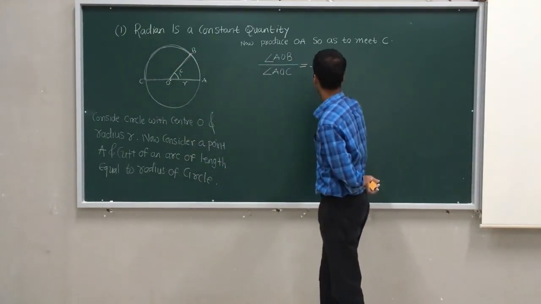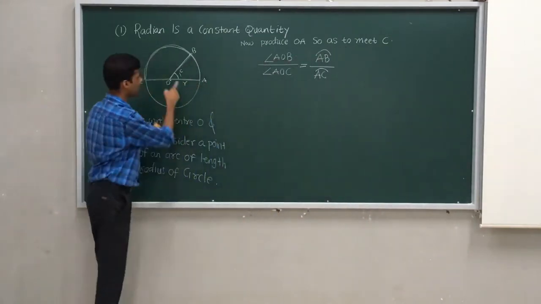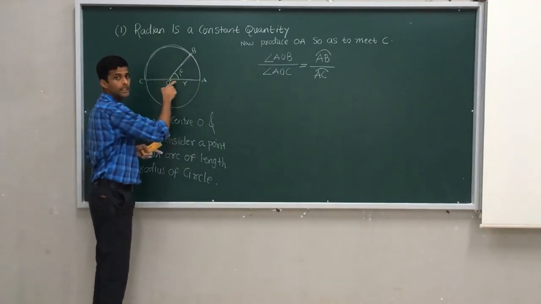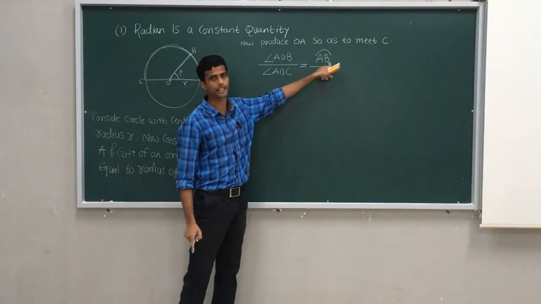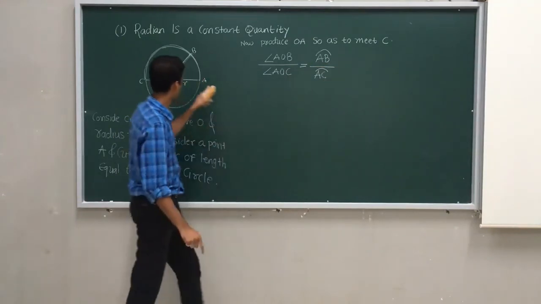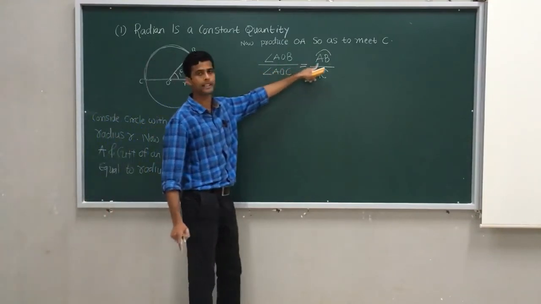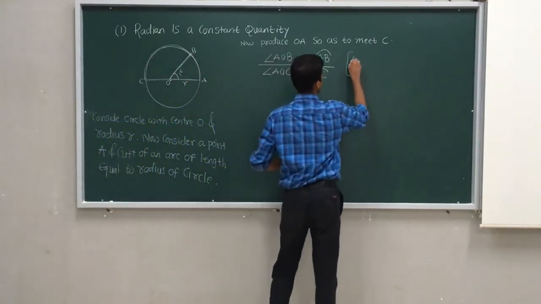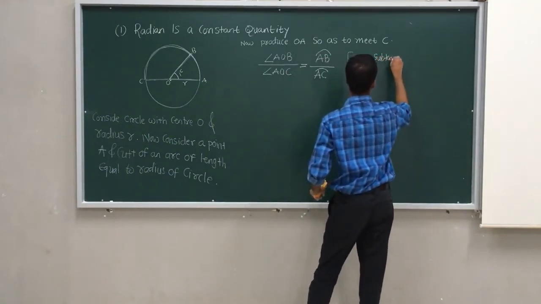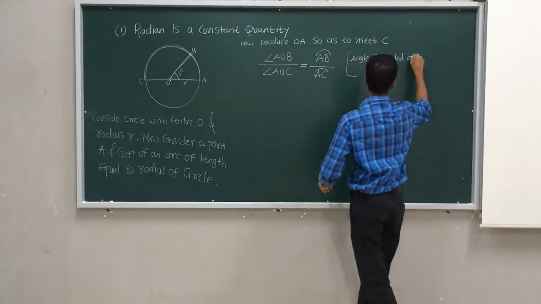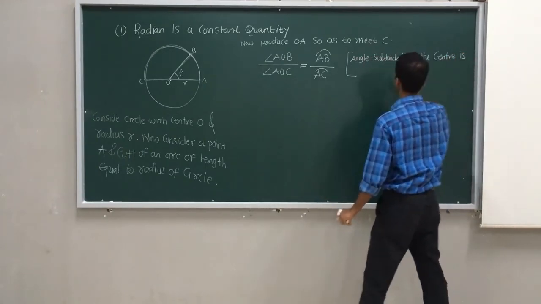This you studied in your 9th or 8th standard. Angle subtended at the center of the circle is proportional to the arc subtending them. So this is the reason. Angle at the center of the circle is proportional to arc subtending them.